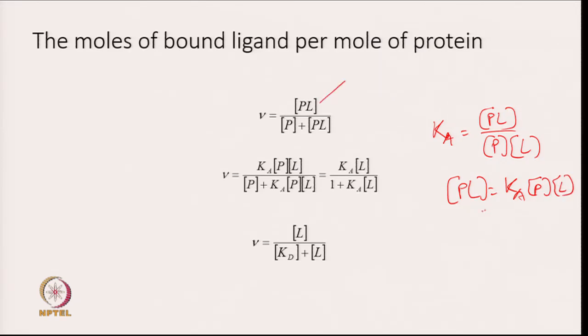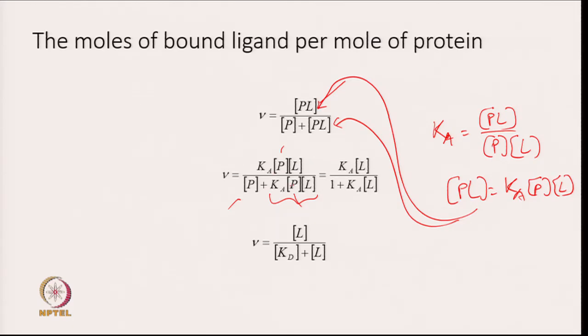So, I just plug in this value of PL in this equation, and what we will get is Ka into P into L divided by P plus, again if I put it here, Ka into P into L. Now, you can see P is there in every term in numerator or denominator, so it will cancel out.